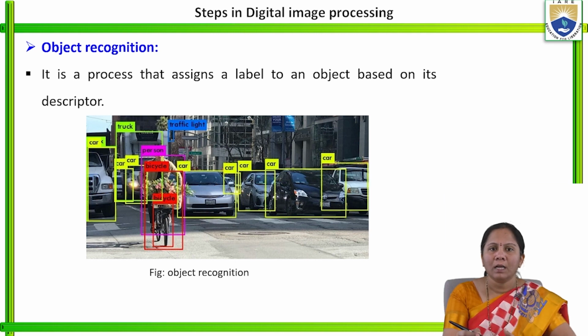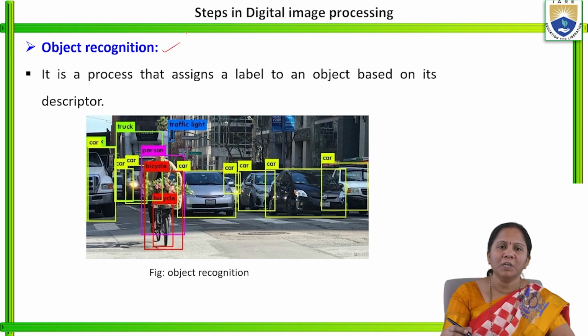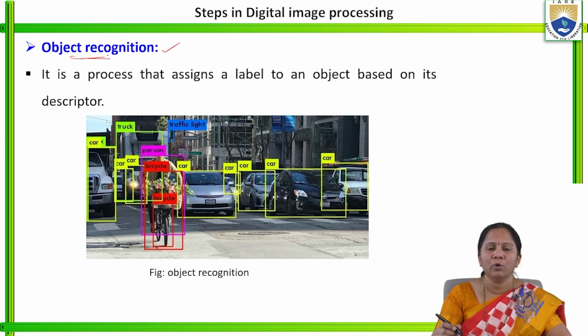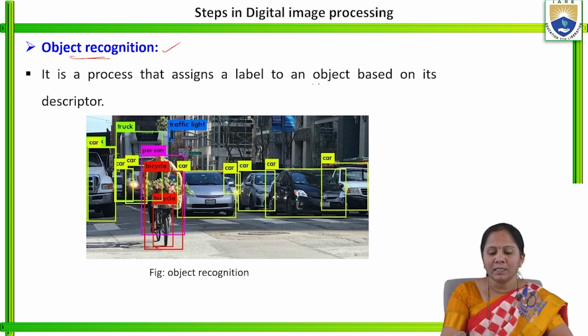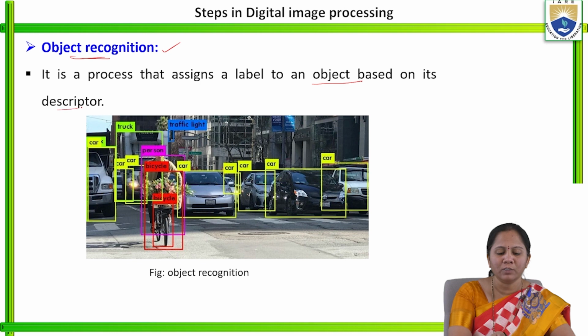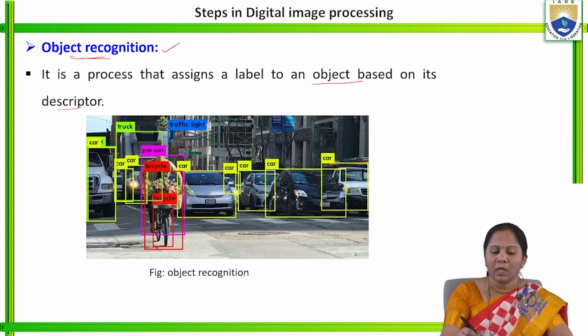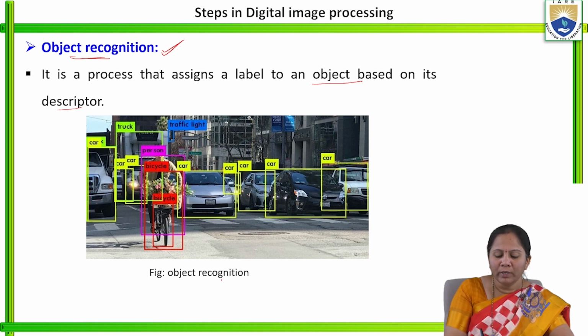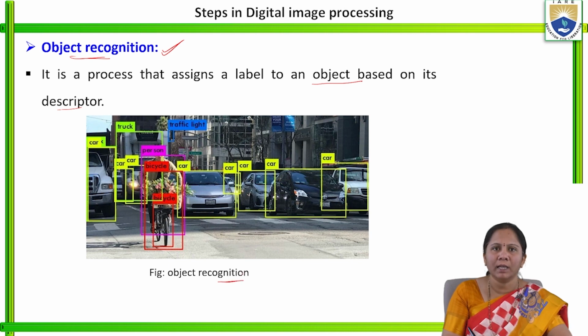And the last block in the digital image processing steps is object recognition. The name itself says this block is going to identify the objects. The process that assigns a label to an object is based on the descriptors. The output of this block is also descriptors, that is attributes. Here is an example image for object recognition.